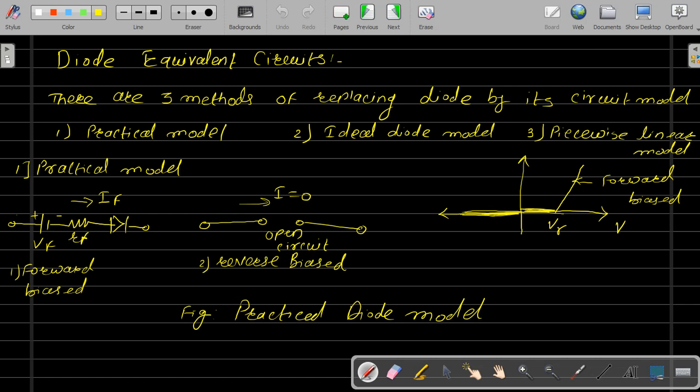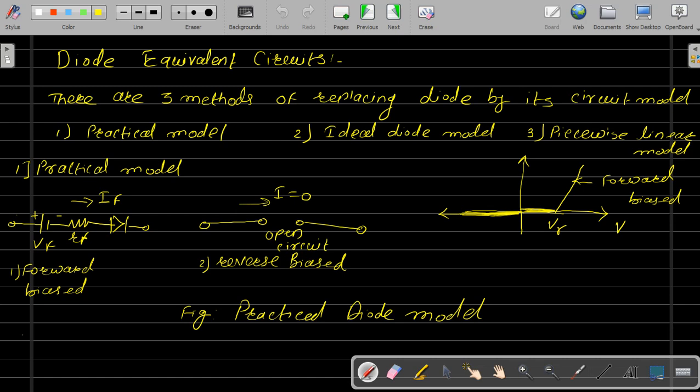Thus, when you draw the practical model, it consists of a battery equal to the cut-in voltage and the forward resistance in series with the ideal diode when it is in forward bias condition.